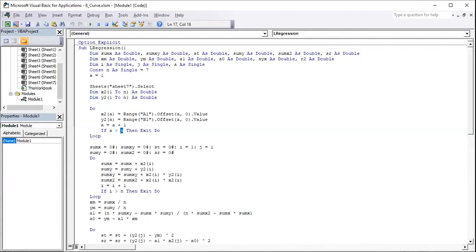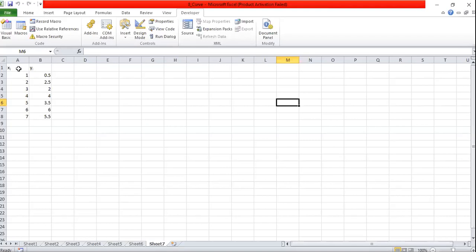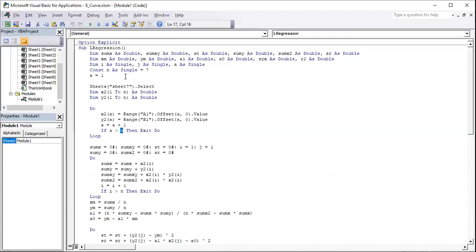In Excel it actually starts from A2, then goes to the last value, which is N. N is 7: 1, 2, 3, 4, 5, 6, 7. So you have 7. That's why N is equal to 7.